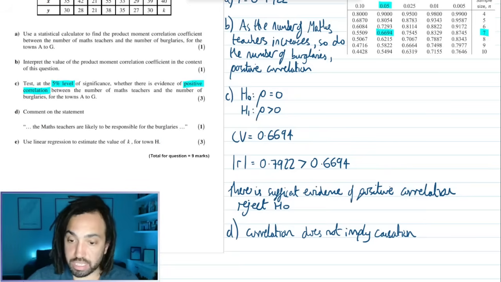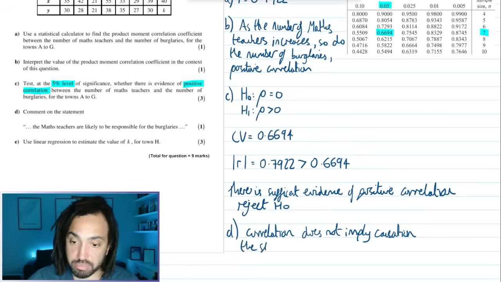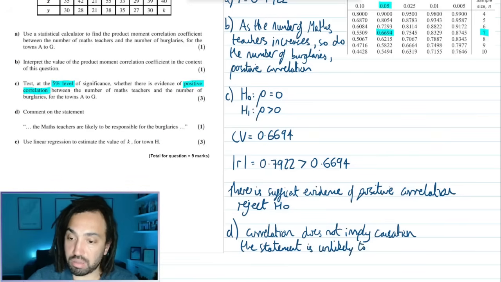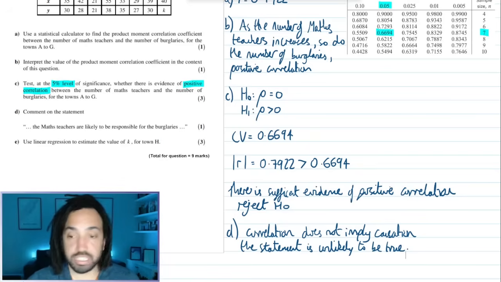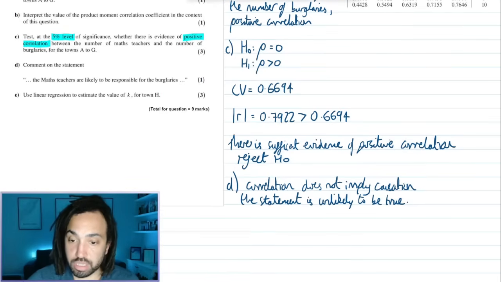And therefore we can say that the statement is unlikely to be true.